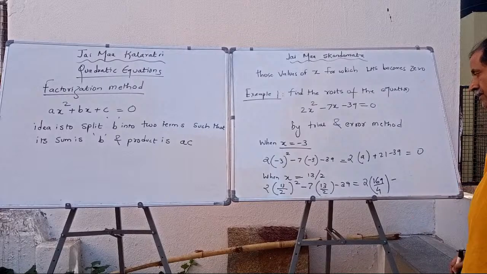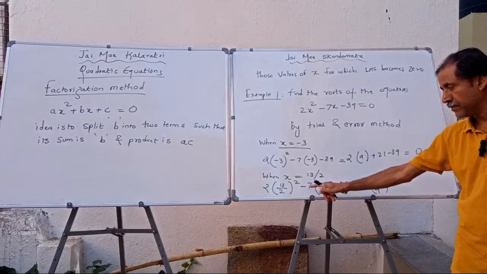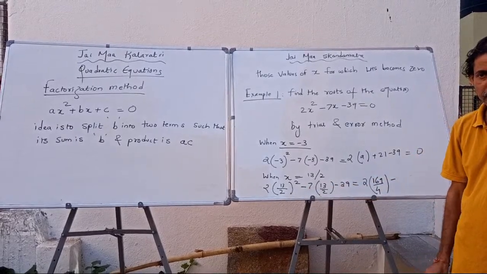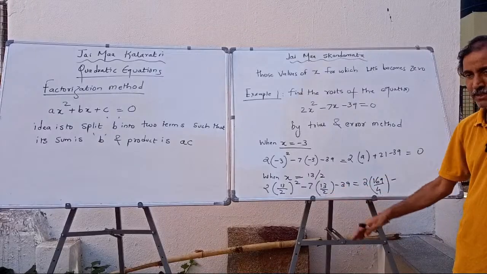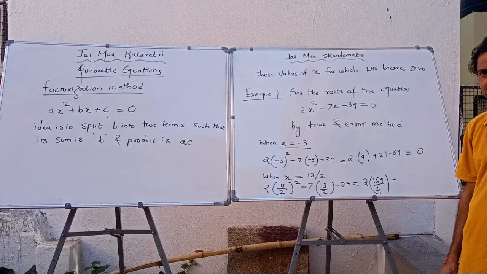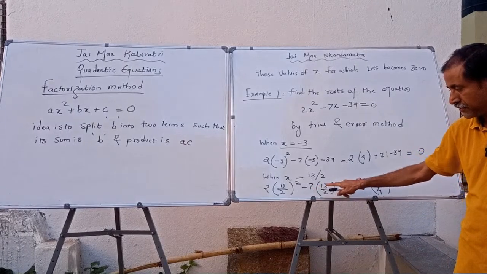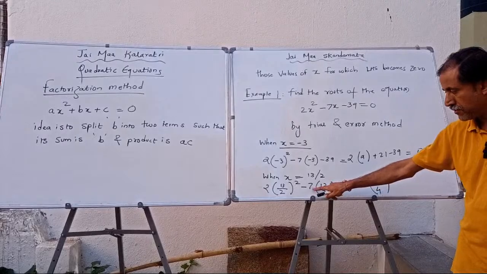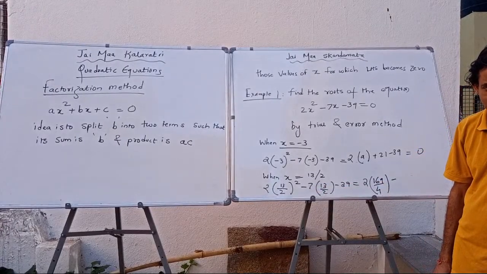Minus what is this? Are you going to multiply 7 with 13 or with both of them? Only the numerator gets multiplied to the numerator. This is the denominator. Understood, right? See, 13 into 7, or will you multiply 7 with 2 also?